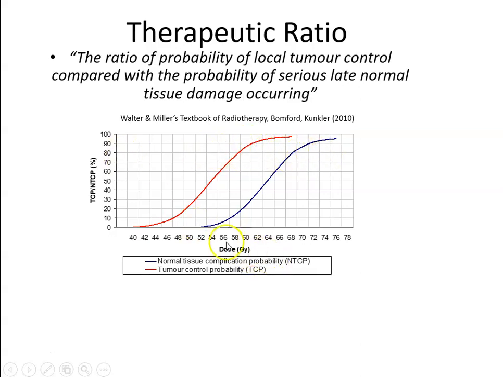So what you want to do is, if you were to give this dose, you'll be 90% sure of controlling the tumour, but 30% chance of causing some sort of problem. Some of the research that I'm doing at the moment, I might talk about a little bit about this later, is trying to use drugs which are radiosensitizers.